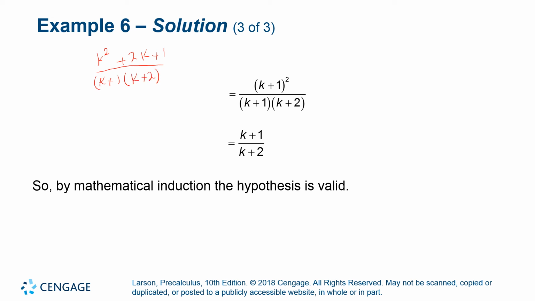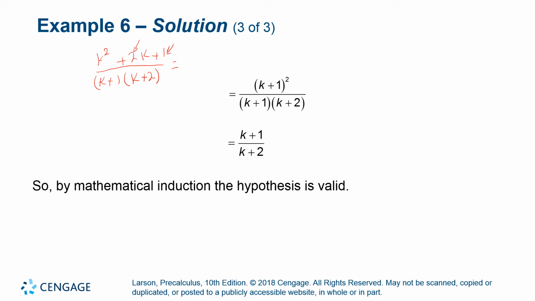If we try to factor the top number, then we're looking at two numbers that multiply to get 1, and when we add them, we get 2. Those two numbers are 1 and 1.